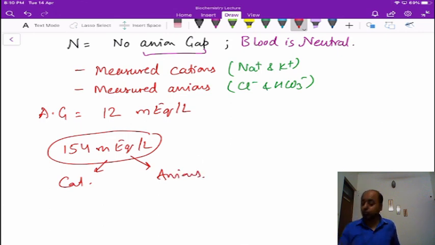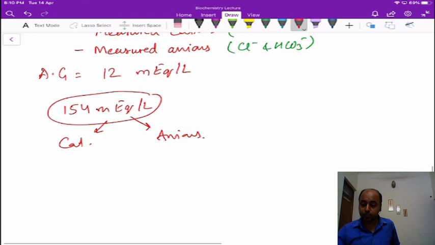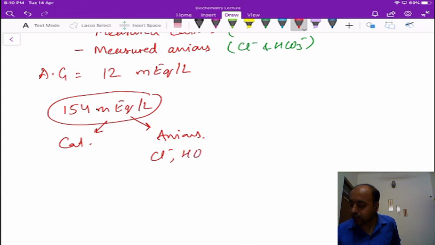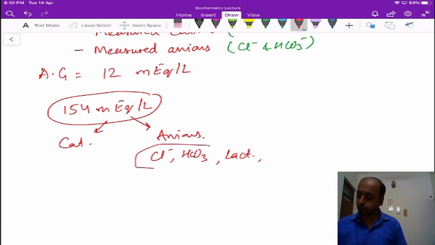When there is production of acids, in addition to chloride and bicarbonate, we have more of the unmeasured anions. As a result, the portion of chloride and bicarbonate will decrease.